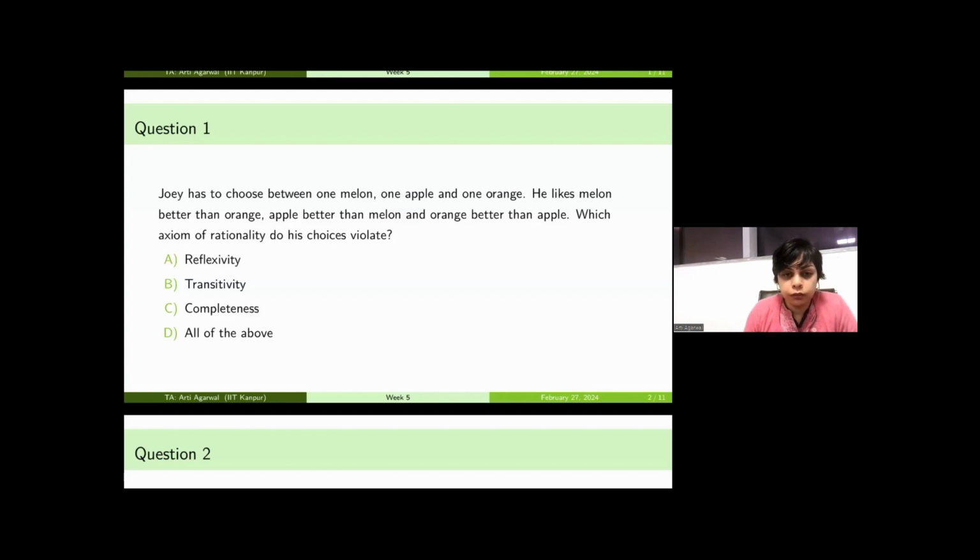So, what is the deal here? What are we missing? Which axiom is violated?